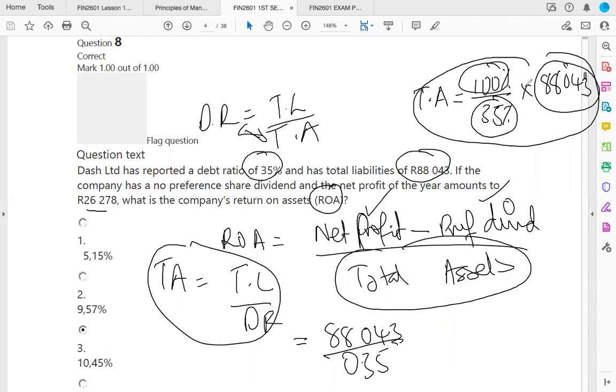That gives us 251551. And then if we say 100 divided by 35 times 88043, we get the same answer. So both approaches work. They're actually both very simple. So there isn't one we can say is easier than the other.